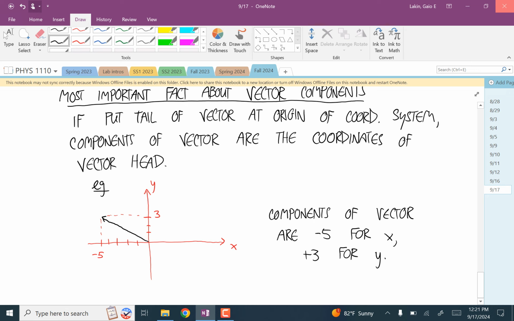Okay, so if you're comfortable getting coordinates of points, then it's the exact same procedure to get components of vectors.